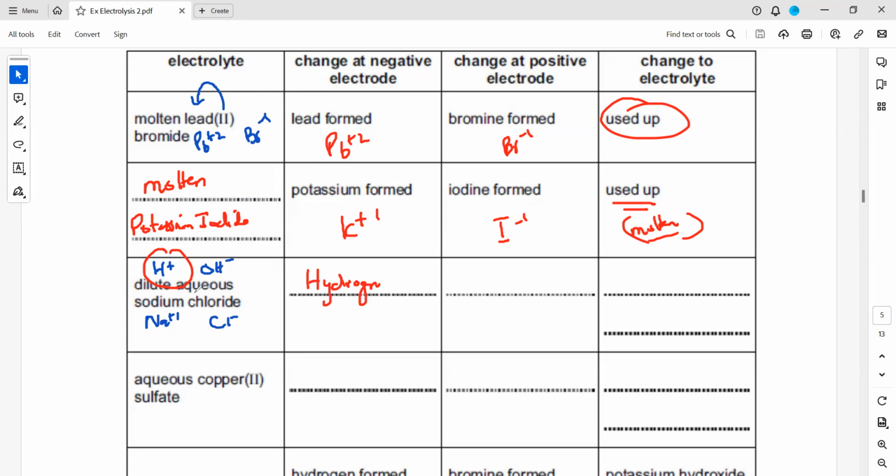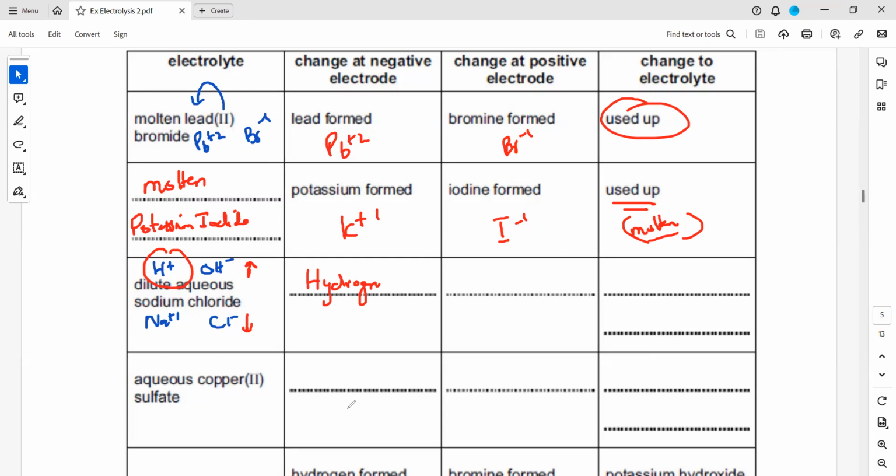For the negative ion, we check the amount: the ion which is more in the solution will move, except if there is a sulfate, nitrate or carbonate. In this case, it's a dilute solution. Dilute solution means it contains more OH and less Cl. So when hydroxide ion is there, which product is formed?